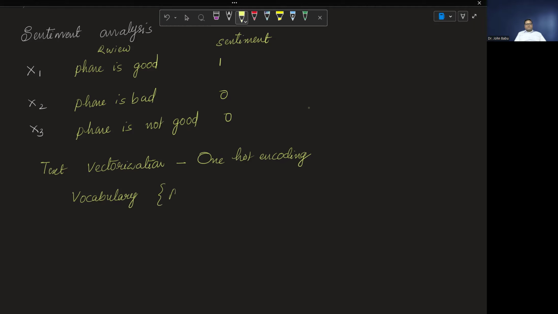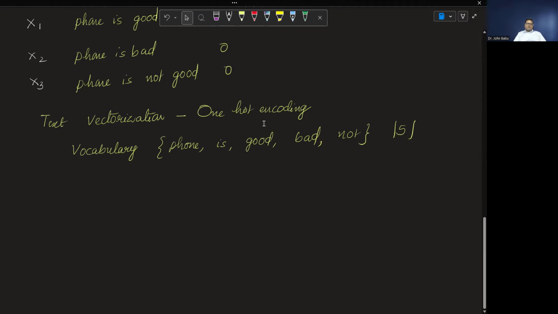So phone is a word, then is a word, good is a word. Coming to the second review, good is already covered, then bad, so totally 5 words are there. In one-hot encoding, we give a 5-digit code to each word.